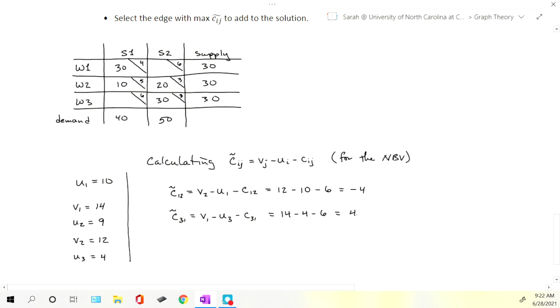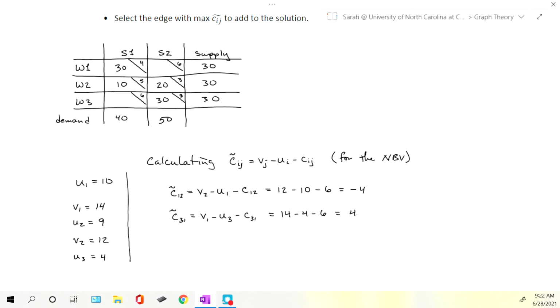Now notice we have two different things going on: one's positive, one's negative. If you've got a 0, it means there's no change. So you could throw in that extra cell, or there's no need to because the current one is going to give you the same cost as the new one.